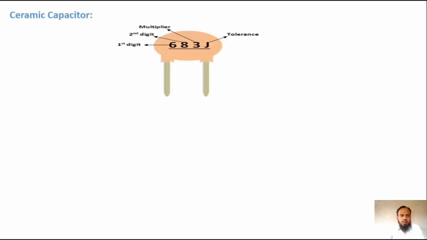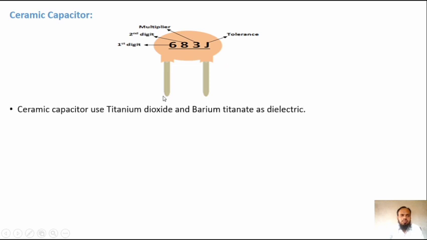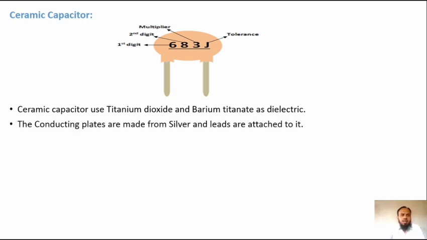Then the ceramic capacitor. The figure shows the ceramic capacitor having color bands. Here 6 is the first digit, then the second digit, this is the multiplier, and this shows the tolerance. Ceramic capacitors use titanium dioxide and barium titanate as the dielectric medium. The conducting plates are made from silver and leads are attached to it, as shown here.